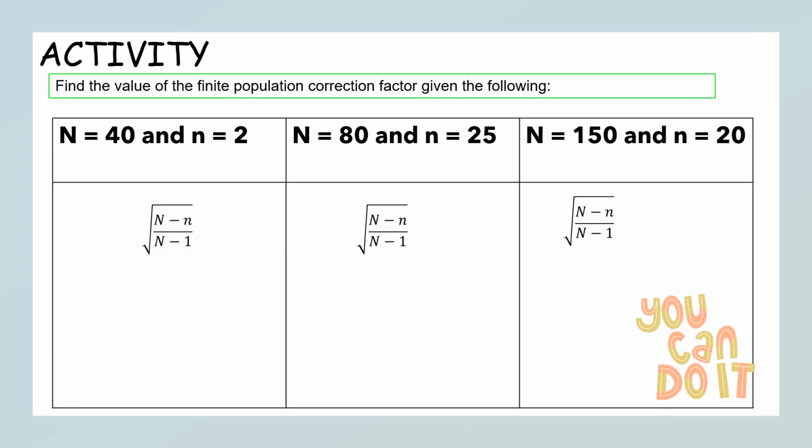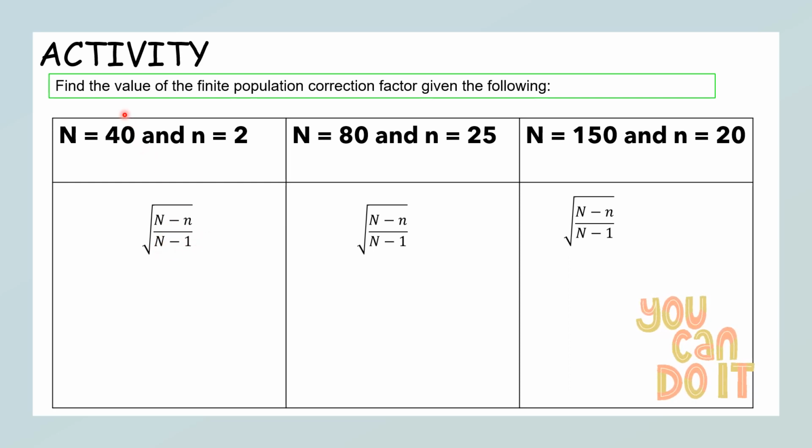So let us have examples on how to find the value of the finite population correction factor. Therefore, we will use this formula.